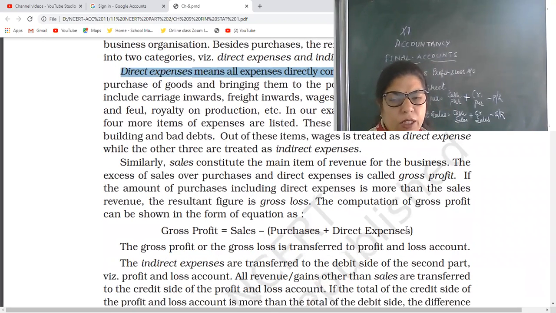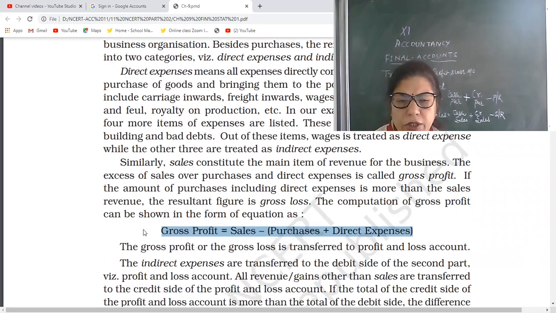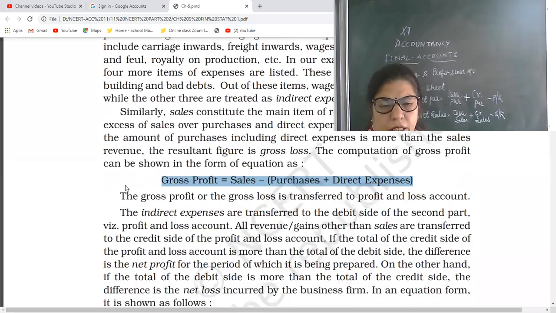See the formula, then you will be able to understand how to calculate gross profit. Gross profit is equal to sales minus purchase plus direct expenses. It's the easiest way. Then gross profit is transferred to the profit and loss account, and then indirect expenses are transferred to the debit side of the second part, which is the P&L account, and all the incomes are transferred to the credit side.